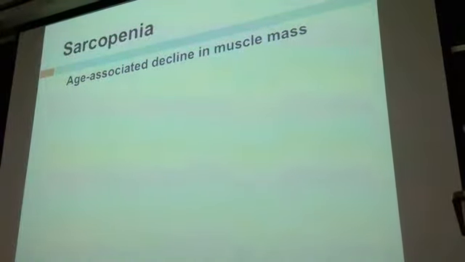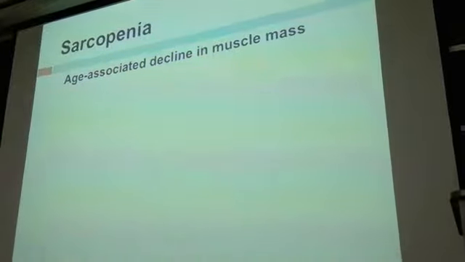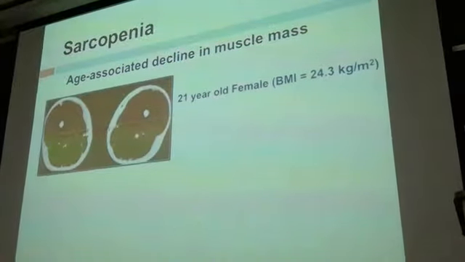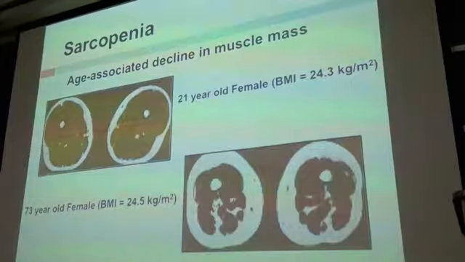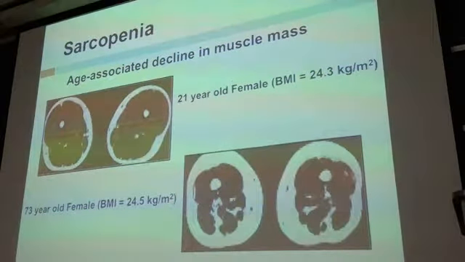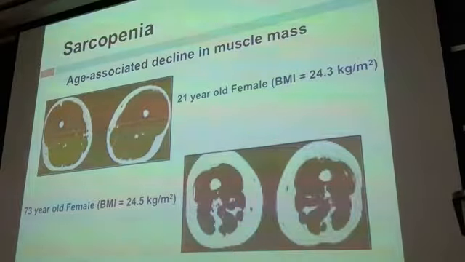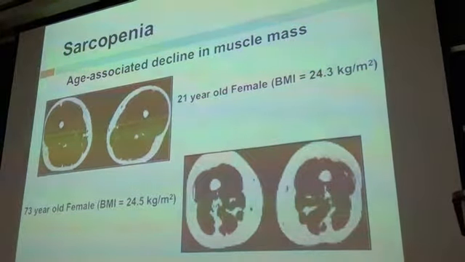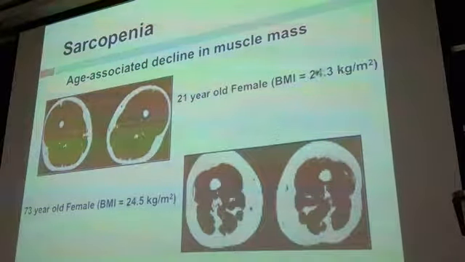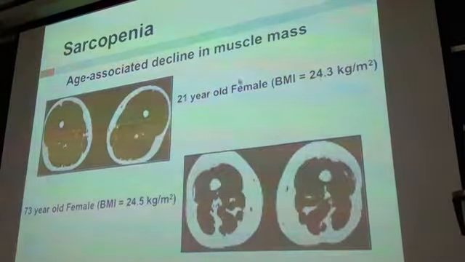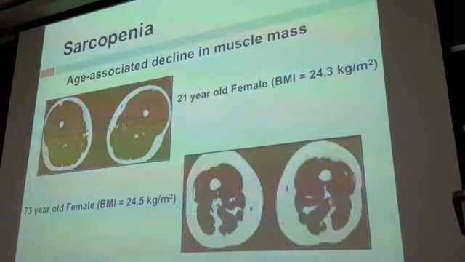So again, sarcopenia, sarco is another word for muscle, penia is less of, is this decline in muscle mass with age, as we said. And this is an illustration using a cross-sectional image, a scan across the thigh muscles of a healthy 21-year-old woman with a normal body weight, and this is the muscle mass, and around it is the subcutaneous fat.